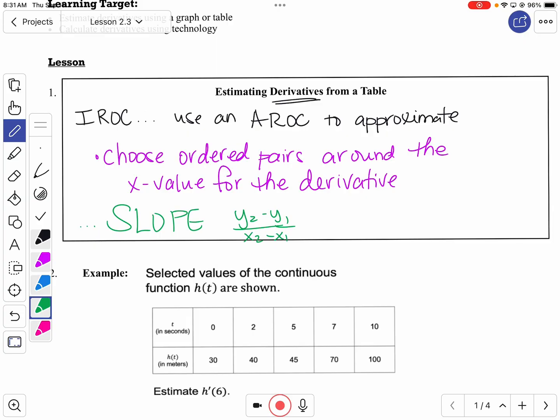If this is on a free response question, they will expect to see what you plugged in and your answer. You can't just put a naked solution, a naked answer up there. You've got to show them what you did.